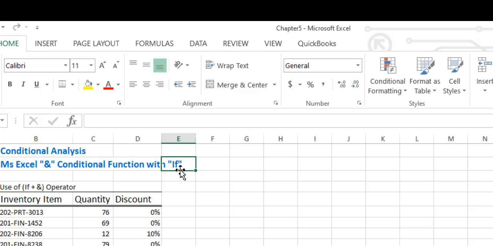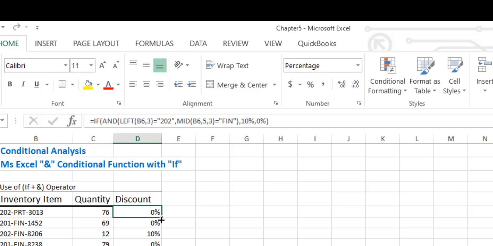As obvious from the name, it is IF. So here you can see that this is the tag of the product, inventory item. This is the code of the inventory item, and here is the quantity, 76 items, and here is the formula.